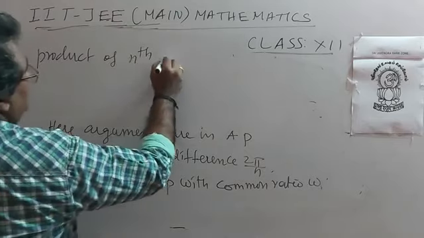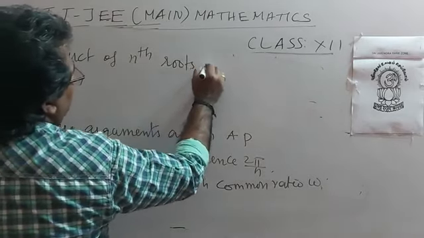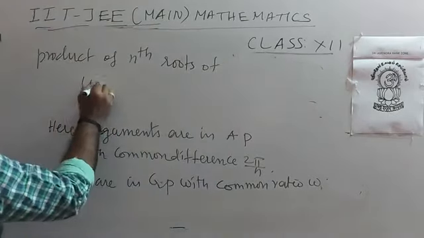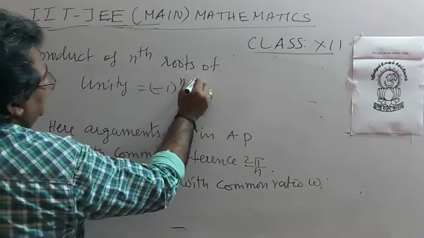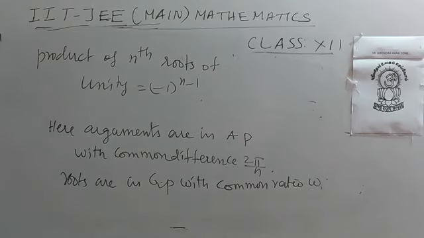Product of nth roots of unity is minus 1 whole power n minus 1.